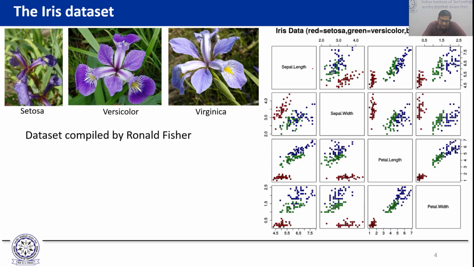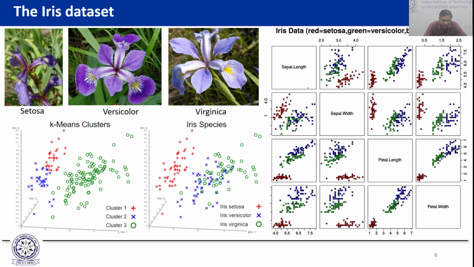And this dataset is then featurized in terms of the sepal length, the sepal width, the petal length and the petal width. Petal, you all know; sepal is basically the green leaf-like structure which protects the bud of the flower. And it looks like you have some form of correlation happening with the different features shown over here. So you can now start exploring the data in a number of ways.